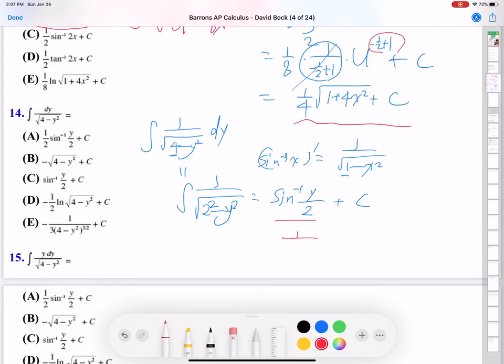So 1 over square root of 1 minus y squared over 4, and then times 1 over 2 by the chain rule. Okay, so I'm going to multiply the 2 inside. So 2 is root 4. So 1 over square root of 4 minus y squared. Wow, that is right here, right? Same answer. So this is the right answer. So the answer is C.